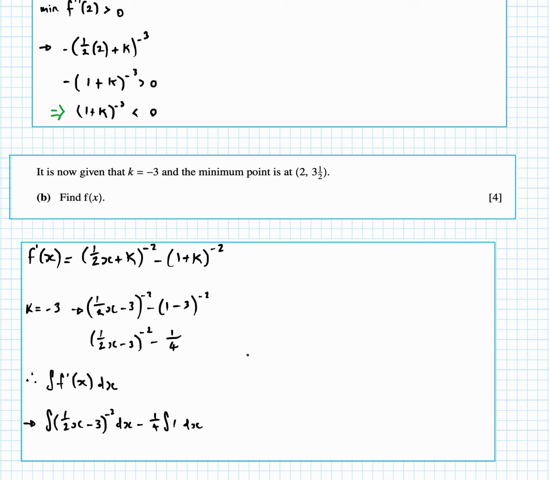So now we integrate that. For our exponent, you take 1 away, so we have minus 1 underneath as well. Remember with the chain rule, divide by 1/2, or multiply by 2.